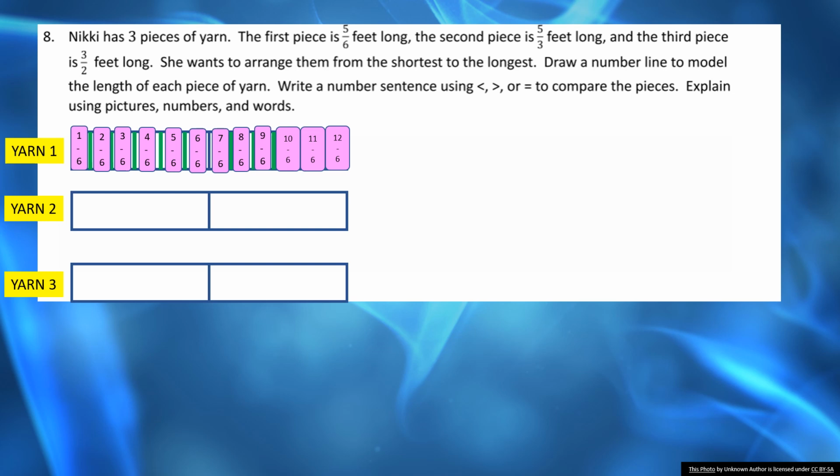So if you need to pause your video right now to make sure that you have each little section of your fraction strip / number line labeled, go ahead and do so now.